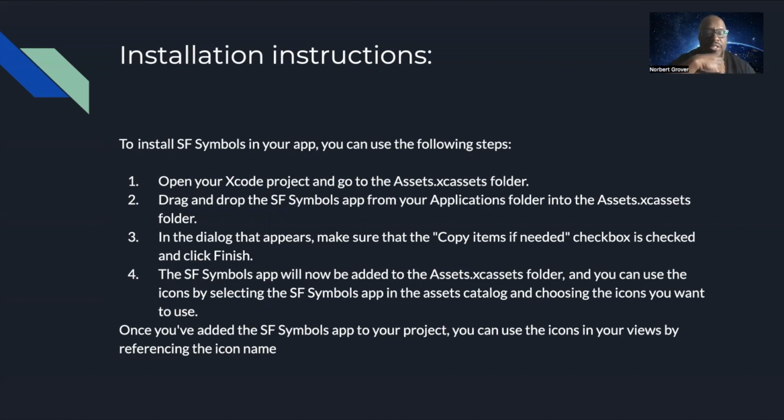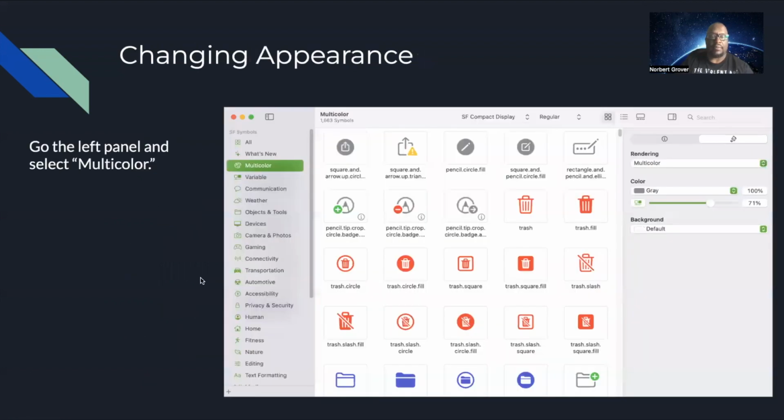In the dialog that appears, make sure that the copy items if needed checkbox is checked and click Finish. The SF Symbols app will now be added to your Assets.xcassets folder, and you can use the icons by selecting the SF Symbols app in the asset catalog and choosing the icons you want to use. Once you've added the SF Symbols app to your project, you can use the icons in your views by referencing the icon name.